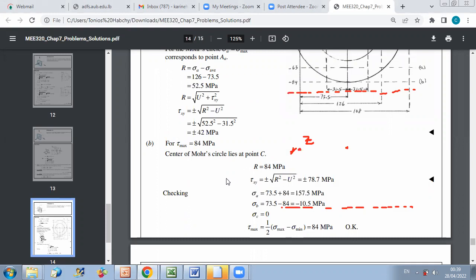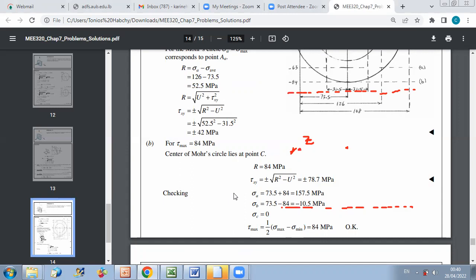Then the value of tau xy is equal to the radical of r squared minus u squared, which is sigma x minus sigma y over 2 squared. And then I can calculate the corresponding value of tau xy. And to find the value of tau max, all I have to do is say that tau max here will be equal to the radius of the AB circle, which is 84 megapascal.